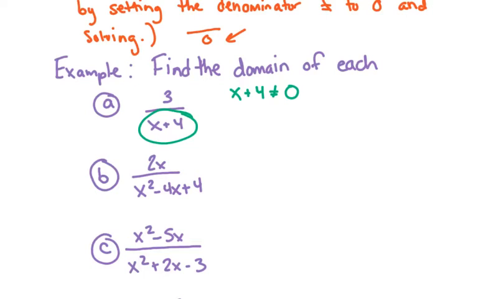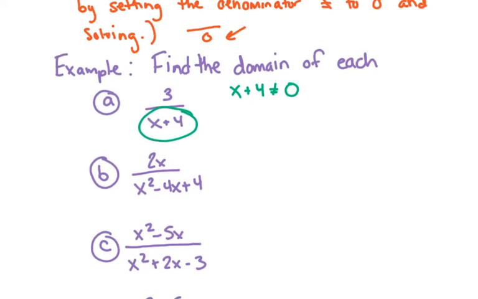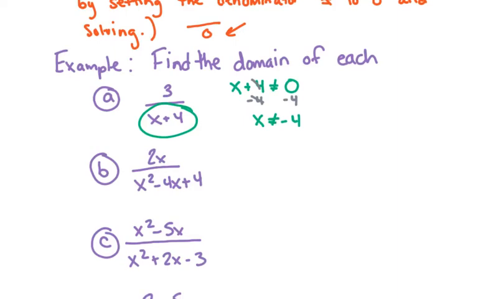So I don't want to know what x plus 4 cannot equal. I want to know what x cannot equal. To finish this out, I'm going to solve for x by doing the opposite. I'm going to subtract 4 on both sides, and I get x cannot equal -4. So that's one way that you can write the domain: x cannot equal -4.